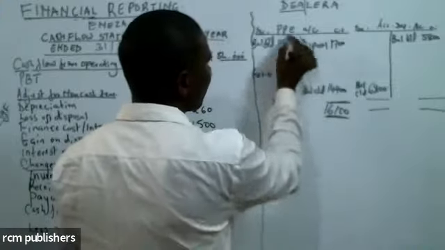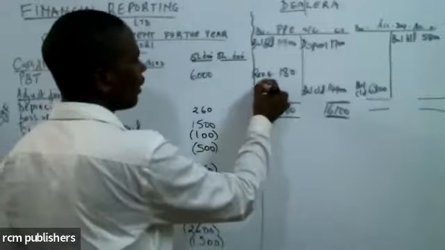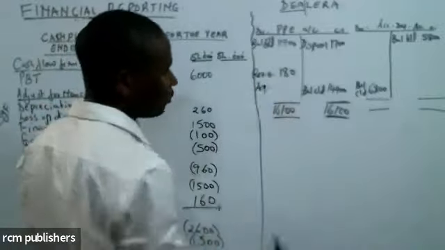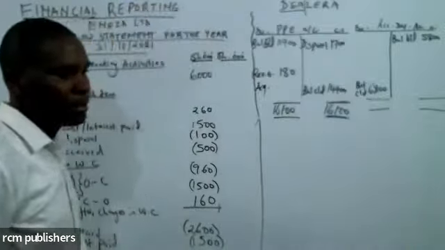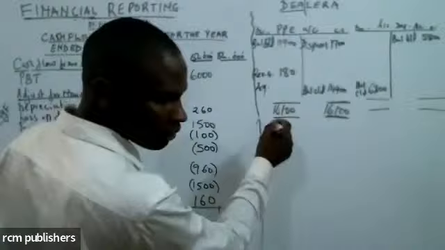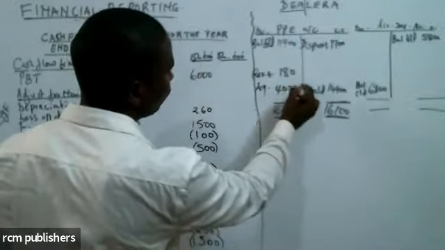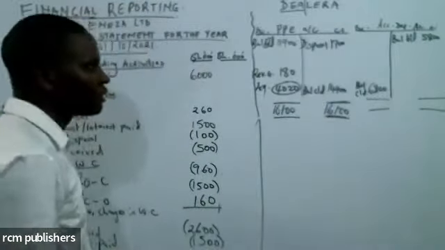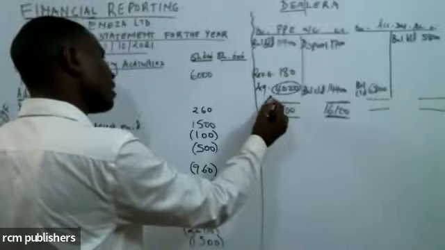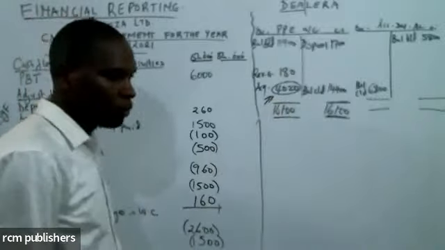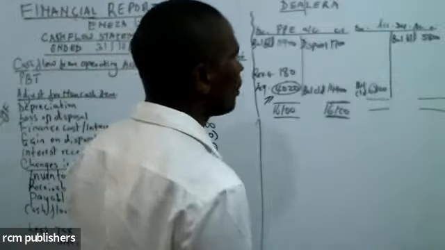So 16,100 minus the 2 in order to know the acquisition value. Wali acquire PPE ya ngapi? 4,200. Oh, 4,020. Now class, when you shall be looking at the cash flow from investment activity, this acquisition will be an outflow. Kwa sababu pesa ilitoka.